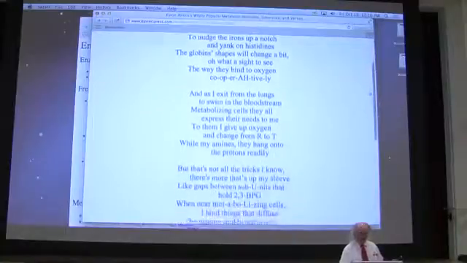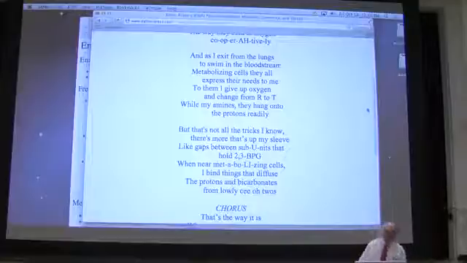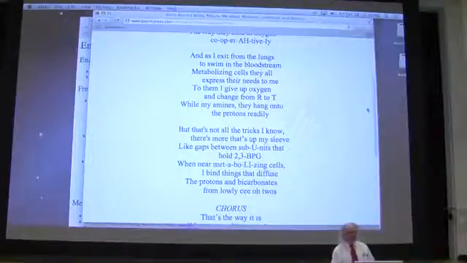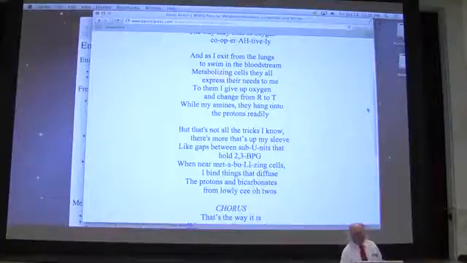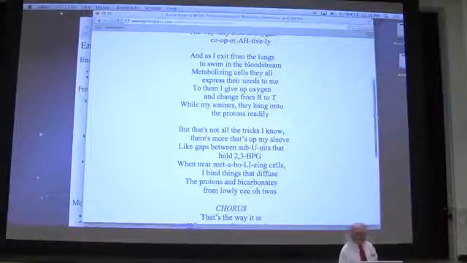And as I exit from the lungs to swim in the bloodstream, metabolizing cells, they all express their needs to me. To them I give up oxygen and change from R to T.